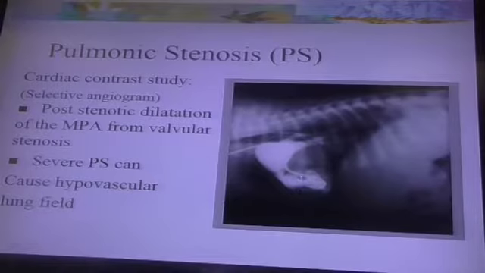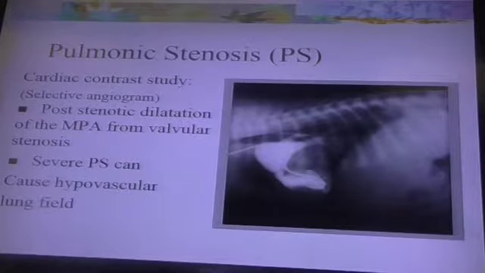So when the right ventricle contracts, even though it contracts really forcefully, it's trying to get through a narrow area, and the blood ejects and hits the other side of the main pulmonary artery, and it causes this post-stenotic dilatation. So here's the artery to the left caudal lung lobe and the artery to the right. So this is referred to as post-stenotic dilatation of the main pulmonary artery from pulmonary stenosis. So that's what pulmonary stenosis looks like.